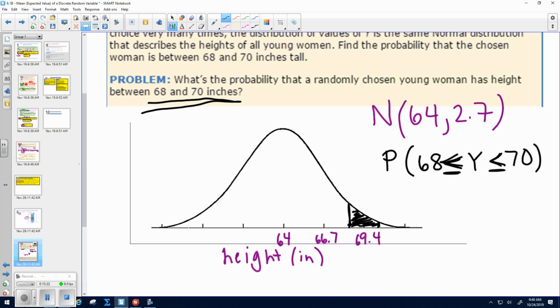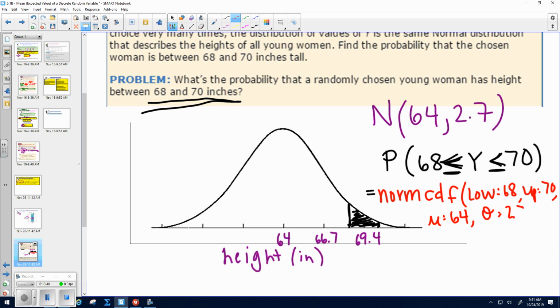And it's back to the normal curve, so we can use all our normal functions on our calculator. So hopefully you guys remember norm CDF. Your lower bound would be 68, your upper bound would be 70, your mean would be 64, and your standard deviation would be 2.7.